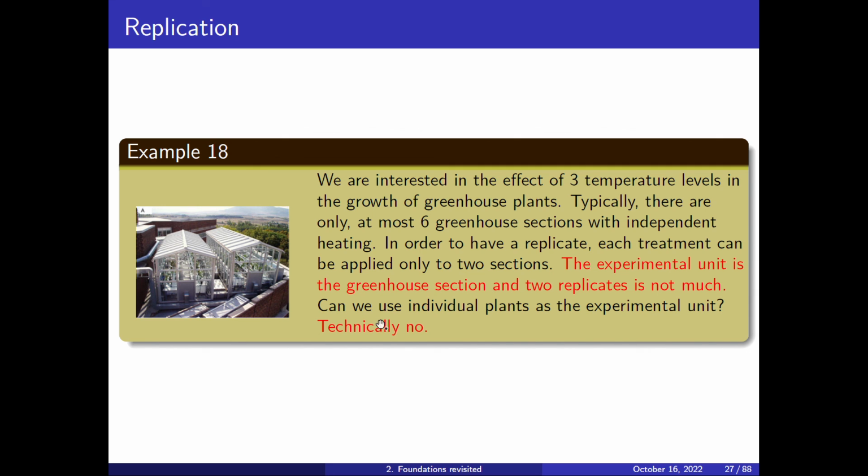But having 2 replicates is not too much. So can we use the individual plants as the experimental unit? Technically no, but we all realize that otherwise it would become very difficult to analyze this effect.